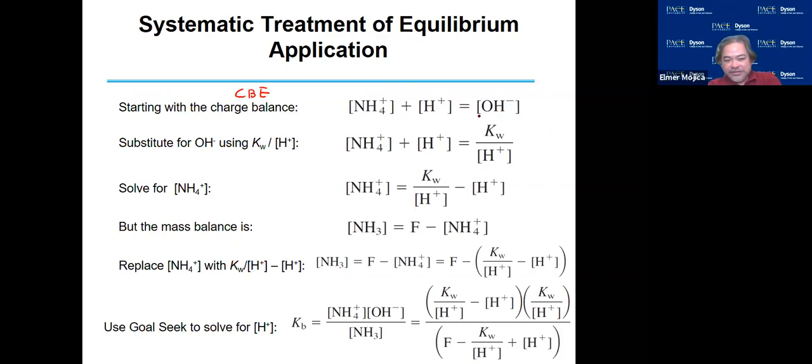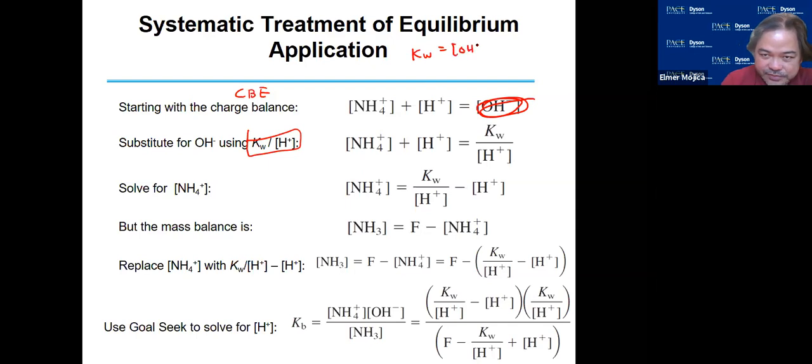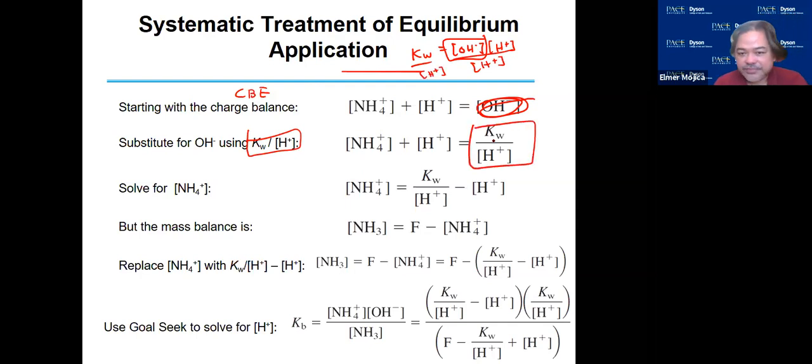Then you substitute this expression with Kw over H plus. Where did you get that? From this. You put this on one side, so you just divide both sides by H plus.